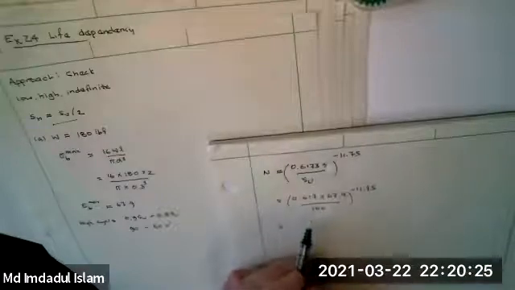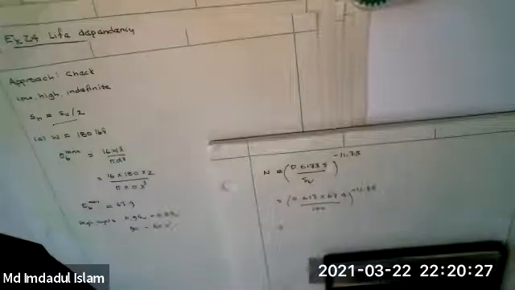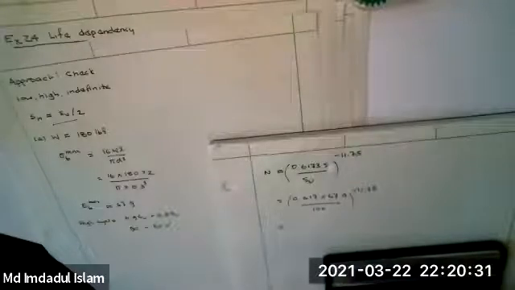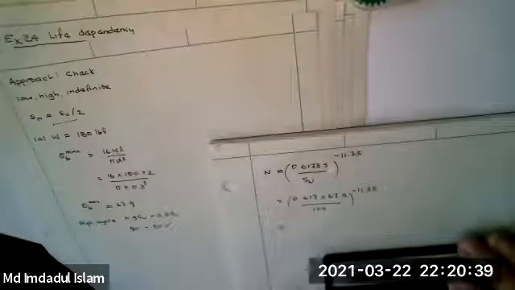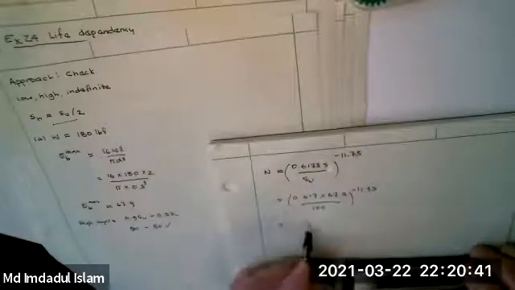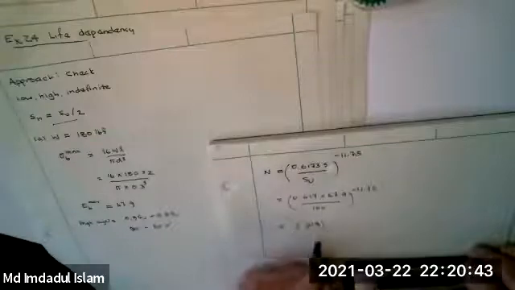So this number here, point 679, 0.617, 0.419, less than a half.